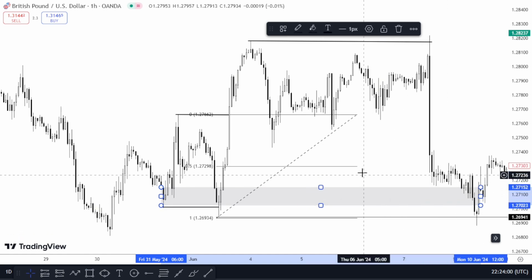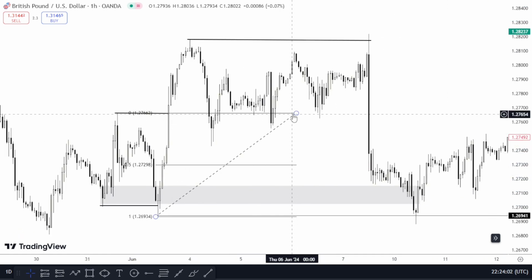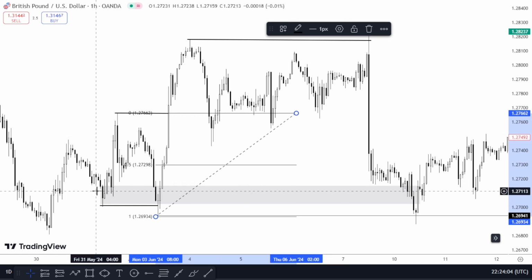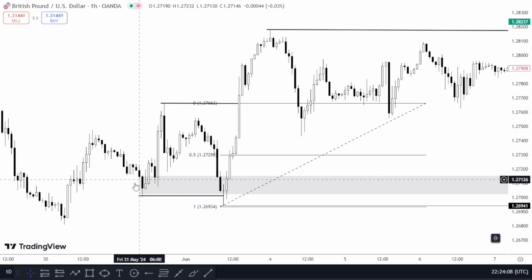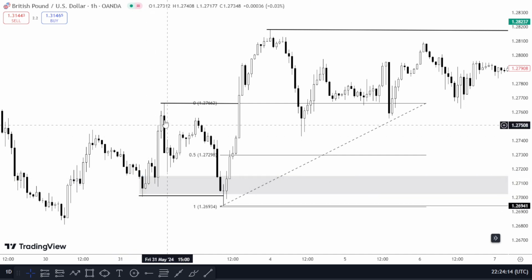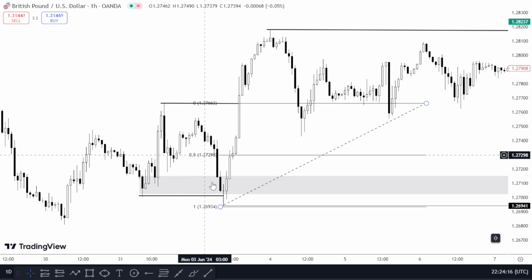So imagine that's the POI, this bearish candle right here. This is an order block, the failed order block. It is the last bearish candle before the market pushed to the upside, and then the market came back and swept it.